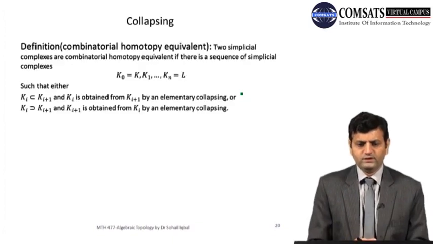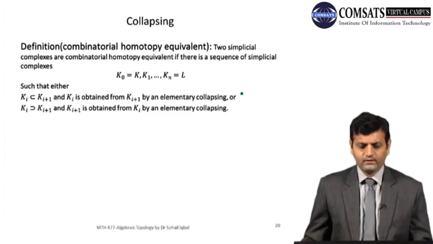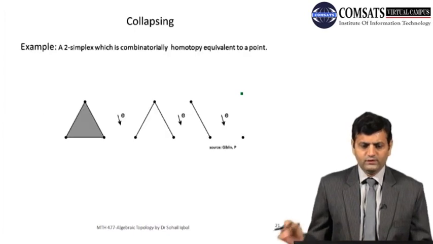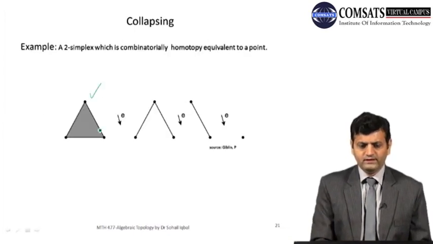If we have two simplicial complexes and we obtain one from the other by a sequence of collapses, then we say that the two complexes are combinatorially homotopy equivalent. For example, if we have this 2-simplex, we can collapse this edge, because it is a face of this 2-simplex and not a face of any other, and we get these elements.